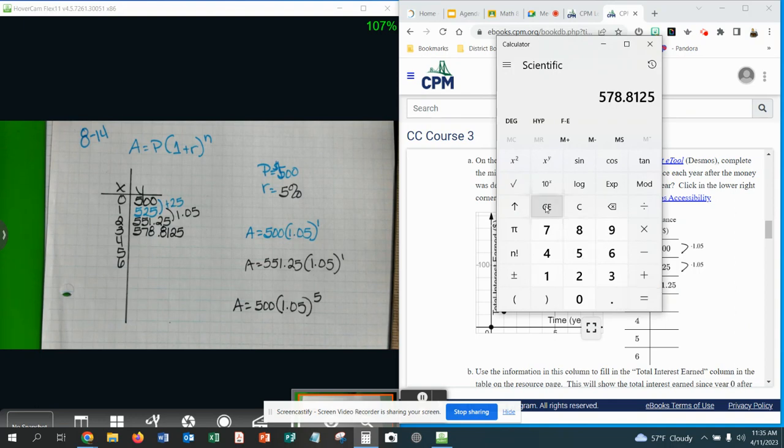So I'm going to clear mine out. Go to 500 times 1.05 exponent button 5. I'm not going to hit the equal sign yet. I want you to write it down and then plug it into your calculator. I want you to raise your hand when you're ready.